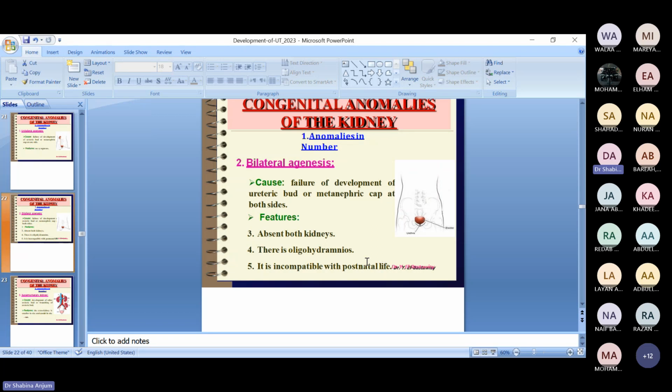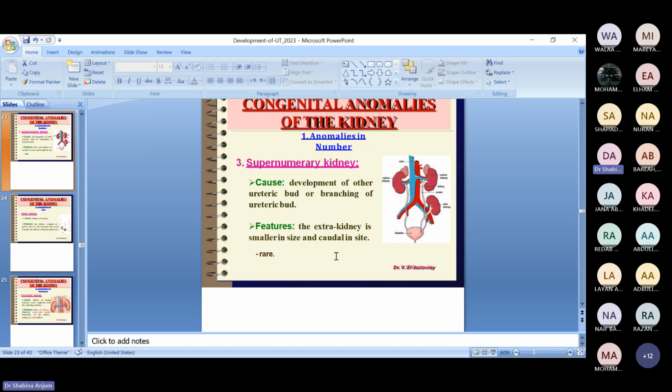There will be failure of development of the ureteric bud and metanephric cap on both sides. Both kidneys will be absent, and if you do an ultrasound of the pregnant mother, you will find oligohydramnios.